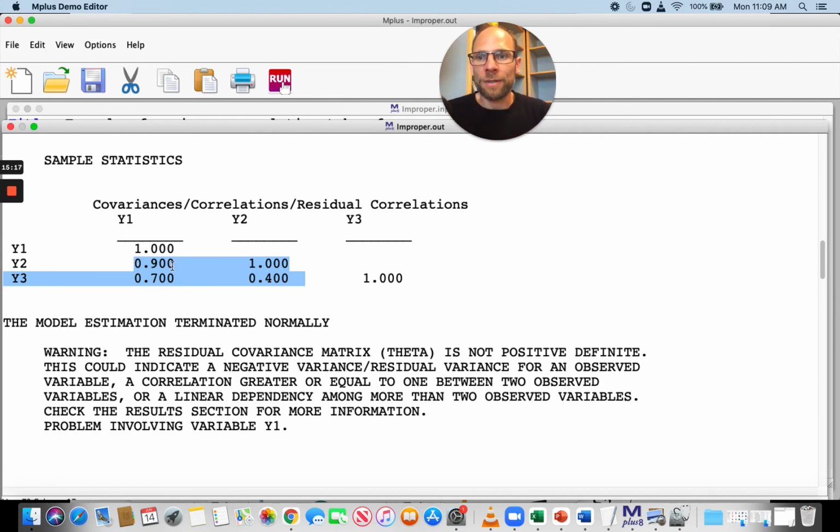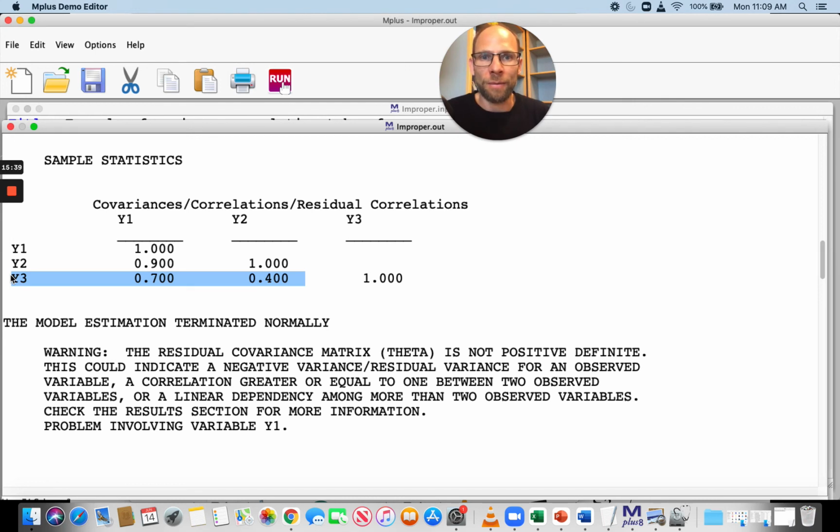So in this case, I would say maybe just retain y1 and y2, because they seem to be homogeneous measures of the same construct. They are correlated 0.9. So that makes it plausible that these are measures of the same underlying factor, the same underlying true score. It's not plausible that the indicator y3 here is also measuring the exact same construct.